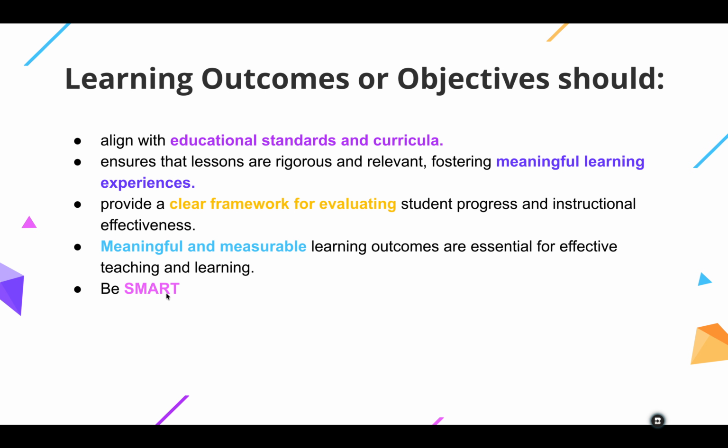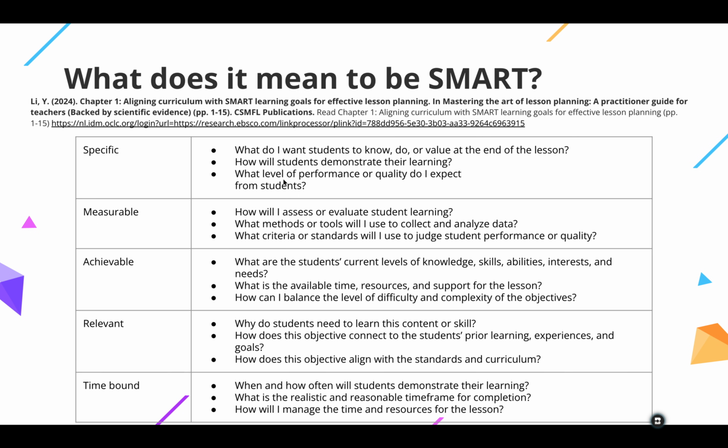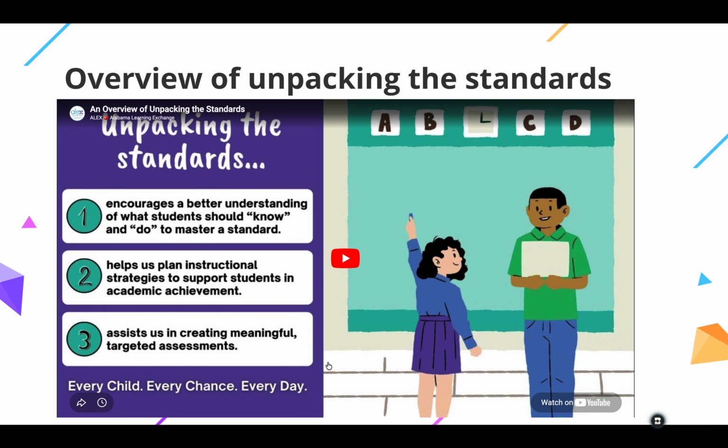And then they need to be SMART. So specific, measurable, achievable, relevant, and time-bound. In this reading that I mentioned, it talks directly about how to make an objective SMART, and these are questions you can ask yourself along the way.